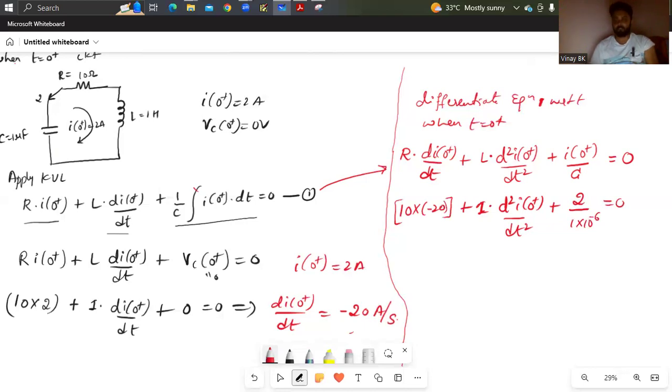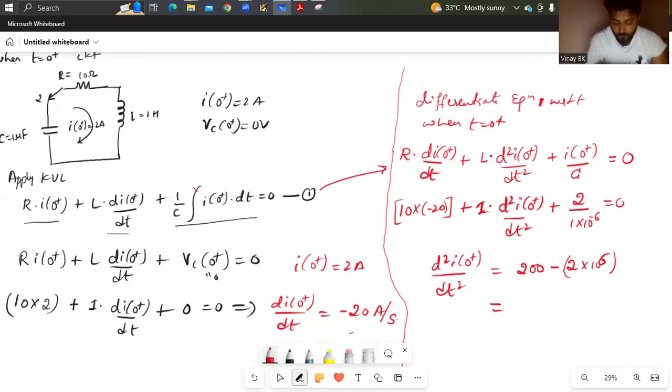So now we get the value of d square I of 0 plus by dt square. d square I of 0 plus divided by dt square equals 20 into 10, which is 200. Sending that to the right side, that is 200 minus 2 into 10 to the power 6, since 10 to the power minus 6 going to the numerator becomes plus 6.